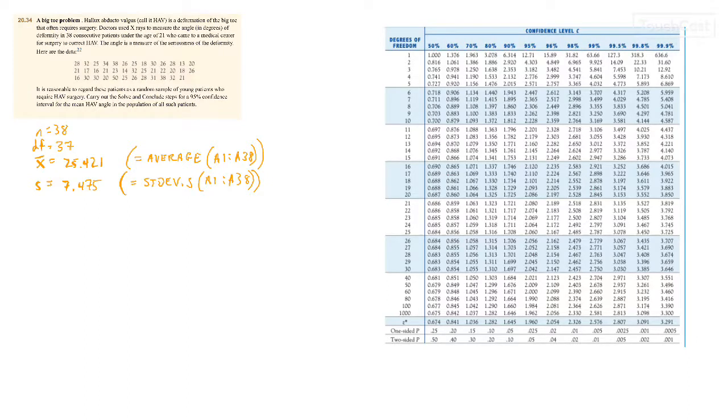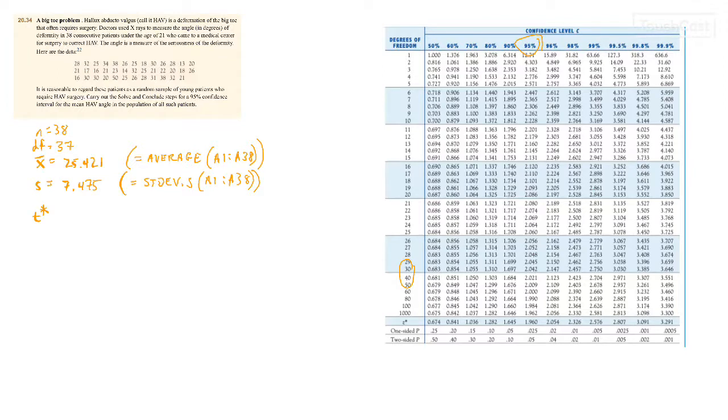Now the last thing I need to know, since I'm looking at a confidence interval, is my critical value. What's that magic number, that multiplier? If I look at my t-table, here's my 95%, and now I need to find the degrees of freedom. Well, I have a 30 or a 40, but there's no 37 in here.